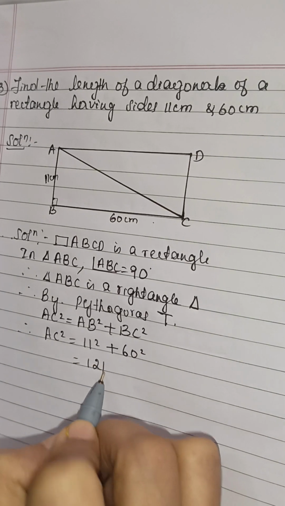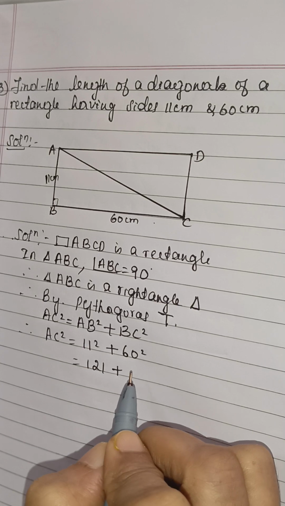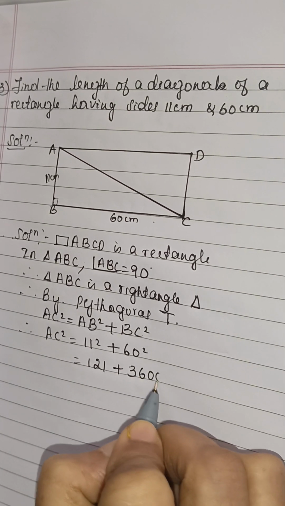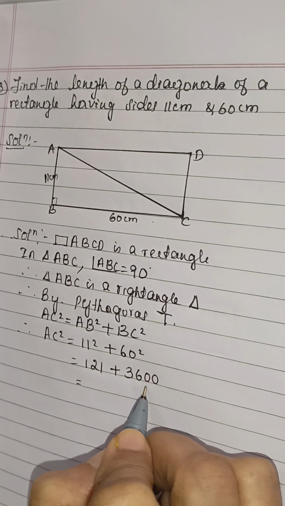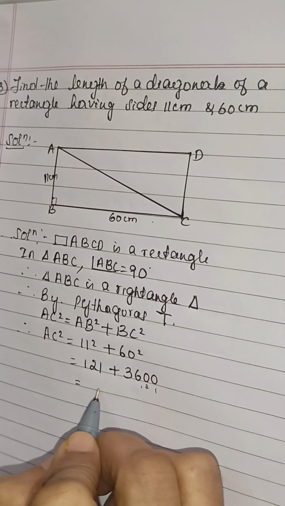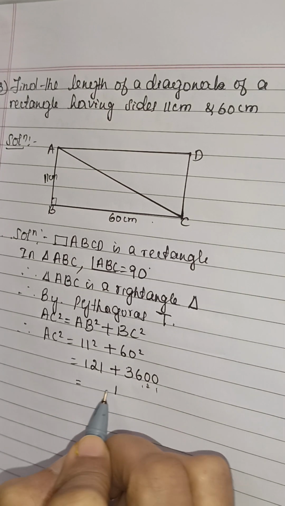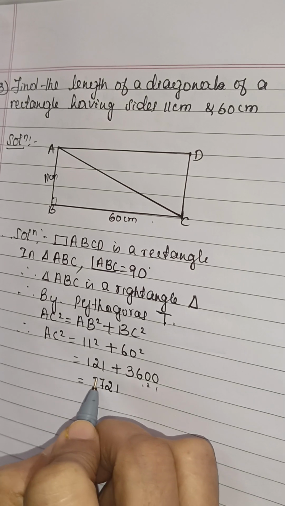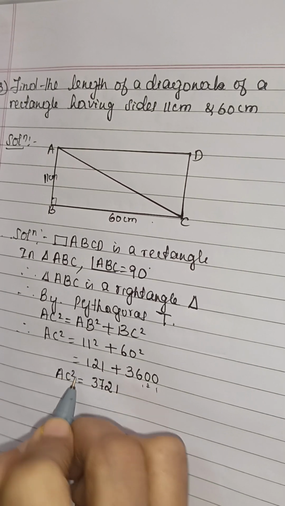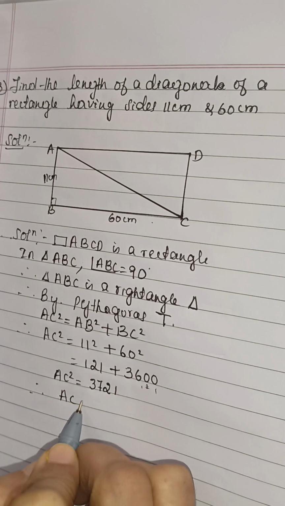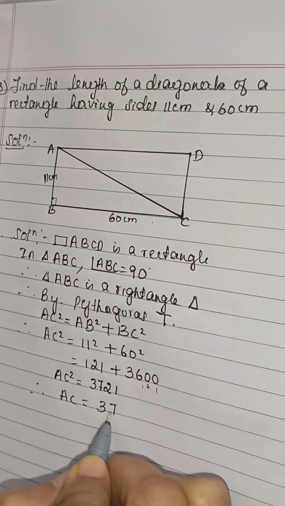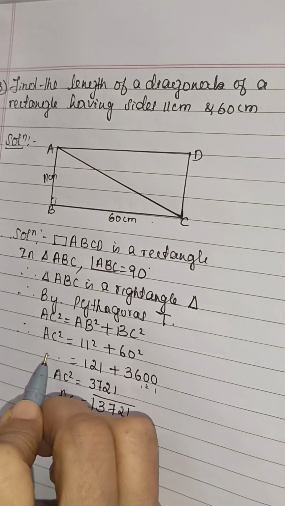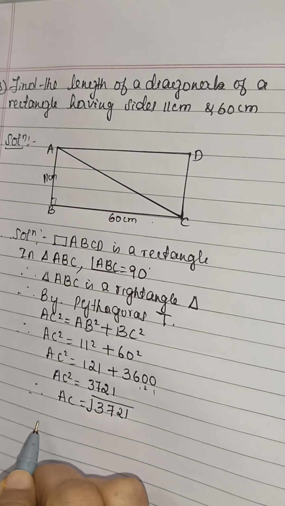That is 121 plus 60 square is 3600. Therefore, 3721. This is AC square.